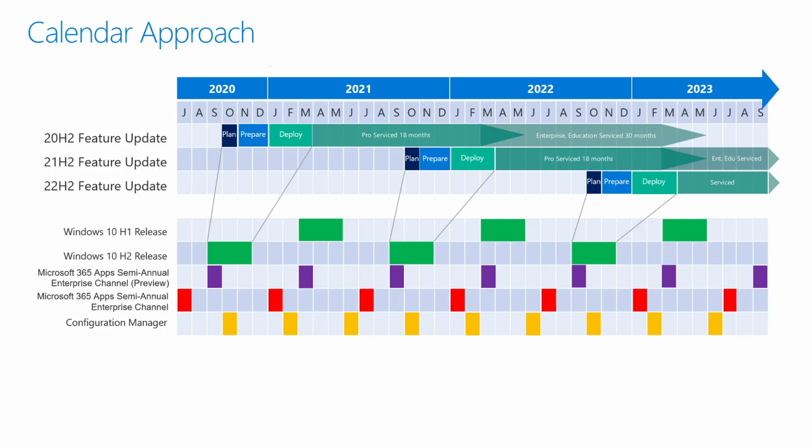To help with that, we've come up with a calendar approach to visualize what that might look like for your organization. I've written a blog post about this on Tech Community, which you can go and check out. We'll have the resource link available at the end of the presentation. This really helps to align those different products and when they come out, and how you can build that into your process.